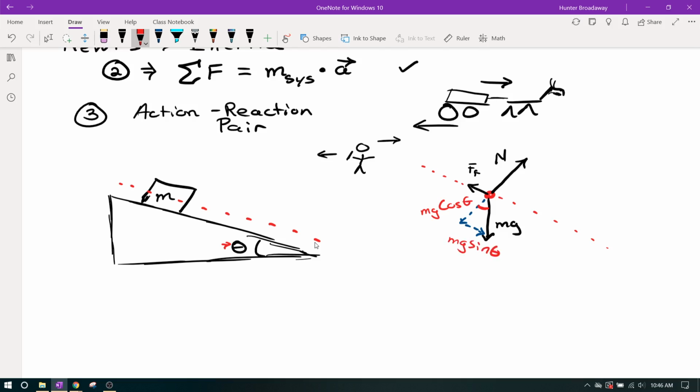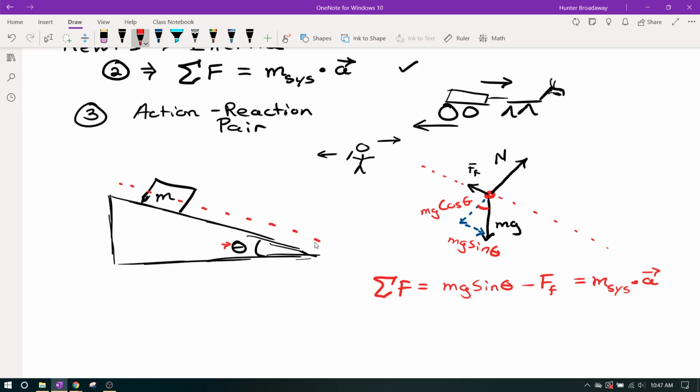So if we add up the forces, the sum of the forces is equal to mg sine theta minus the force of friction equals m, the mass of the system, times the acceleration.